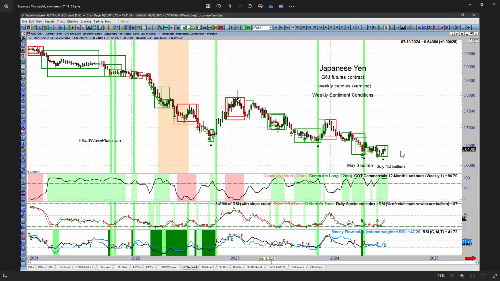These are not terms that really need to be used when you're using technical analysis. There's no need for these colorful narrative words. But anyway, commercials are heavily long, retail's heavily short. This is bullish, the Japanese yen.